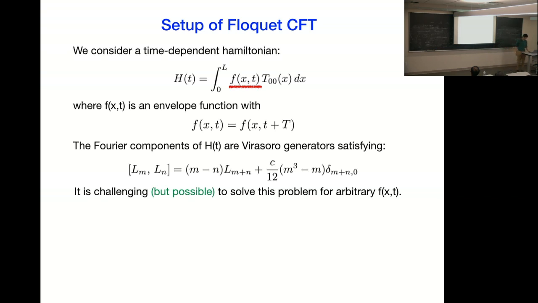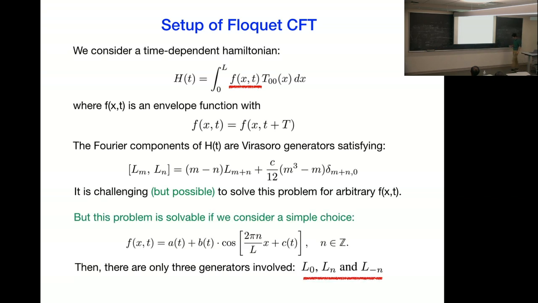But now let's start from some simple choice of f. Once we can understand some simple case, then we may be able to understand the general case. This is our logic. The simple choice of f is of this form: a plus b times cosine of 2 pi n over L times x, plus c, where x is the space coordinate. Why do I choose this form?